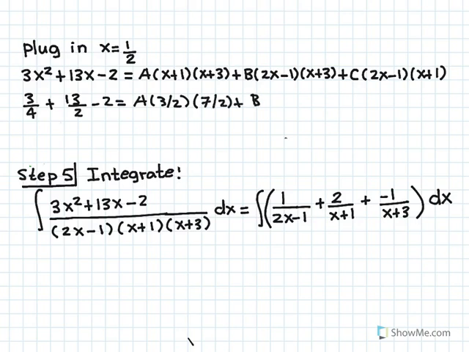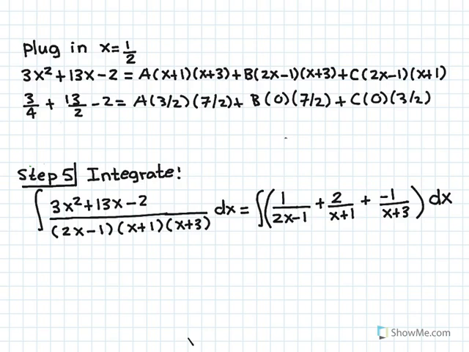Plus b times, putting 1/2 in, 2 times 1/2 is 1 minus 1, that's 0, times 1/2 plus 3, that's 7 over 2. Plus c times, 2 times 1/2 minus 1, that's 0 again, times 1/2 plus 1, that's 3/2.